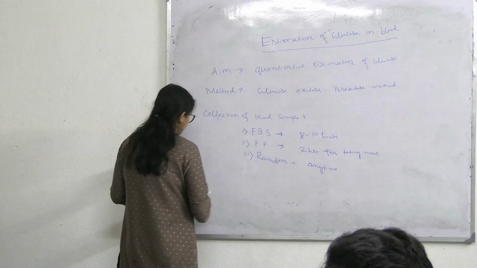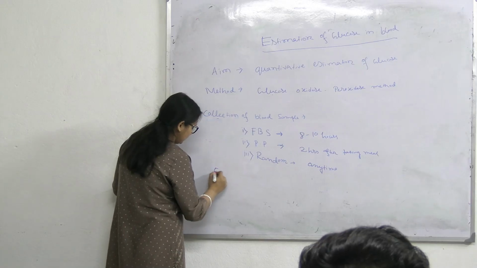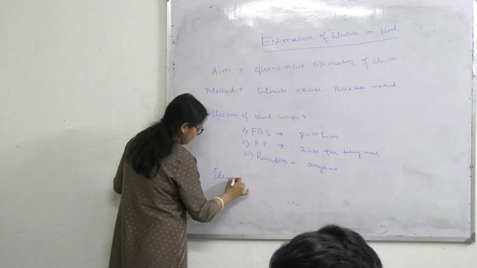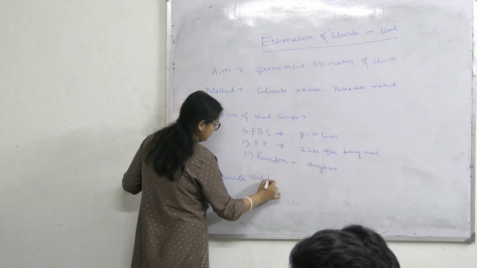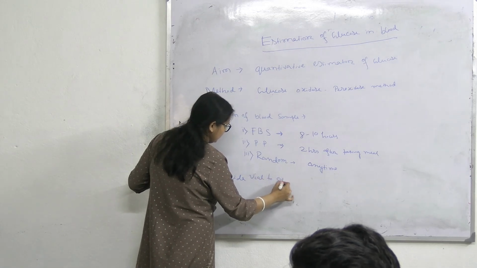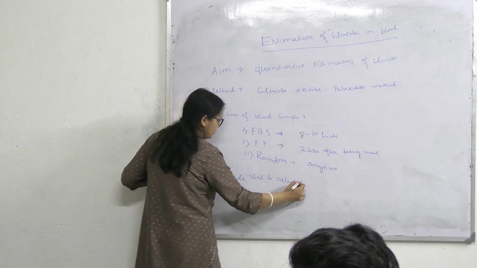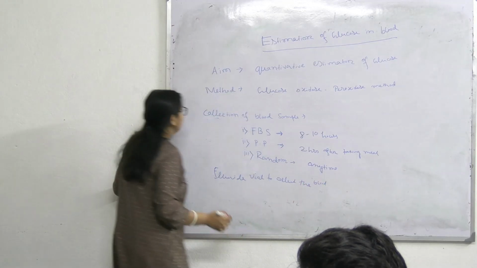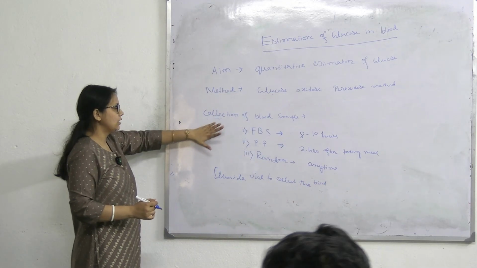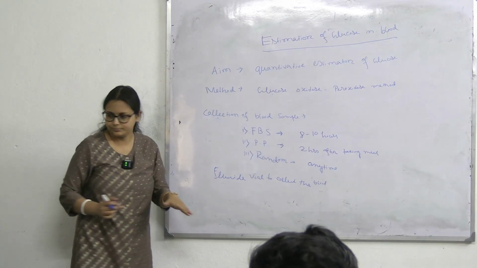So we use fluoride vial to collect the blood. So aim, method and collection of blood sample.